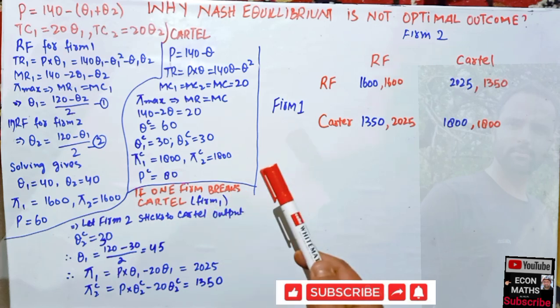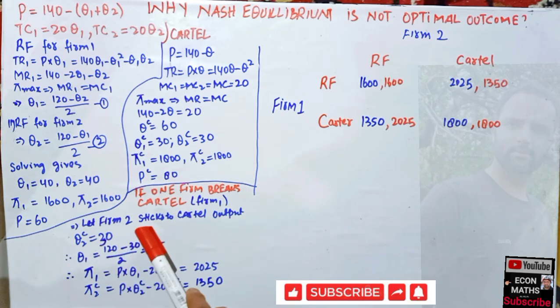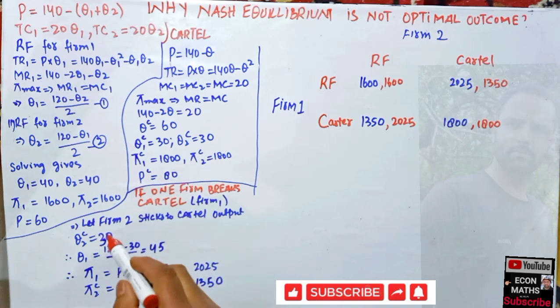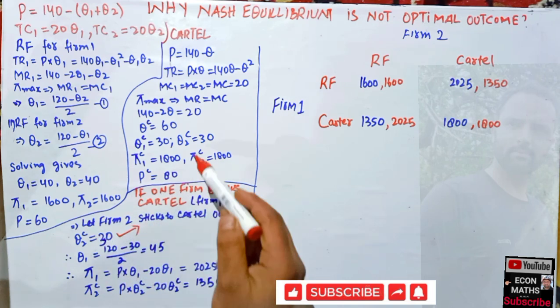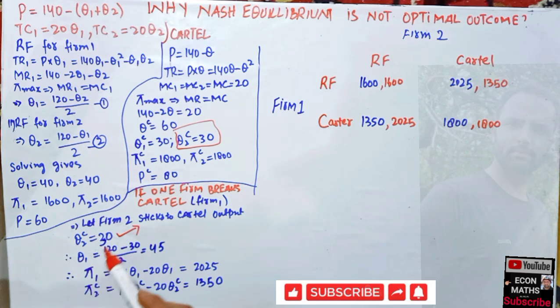We have shown in the earlier video, if firm 1 breaks the cartel and firm 2 sticks to the output level produced according to the cartel. Let us say firm 2 was producing according to the cartel, producing 30 units. Firm 1 will use this information that firm 2 will produce according to the cartel, and will use his reaction function in producing the output.